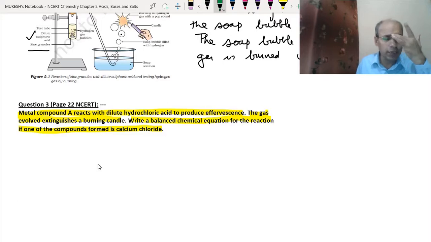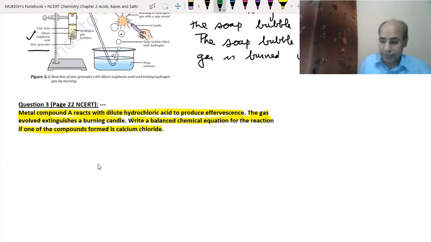Calcium hydrogen carbonate is rarely found as a solid; it is mostly found in aqueous solution because it is soluble in water. That is why this compound is going to be calcium carbonate.